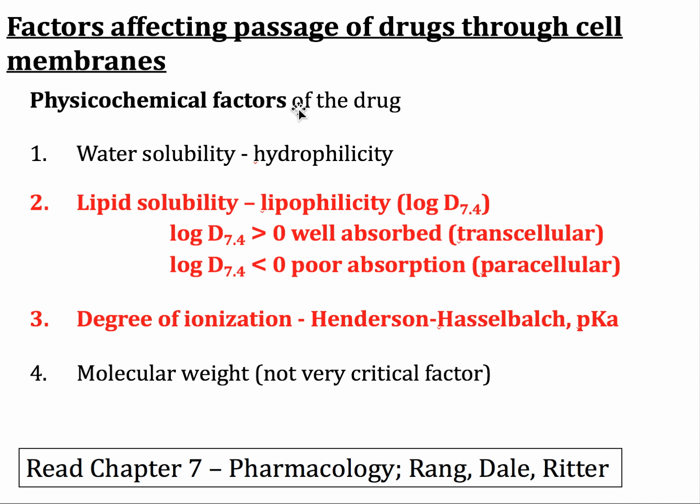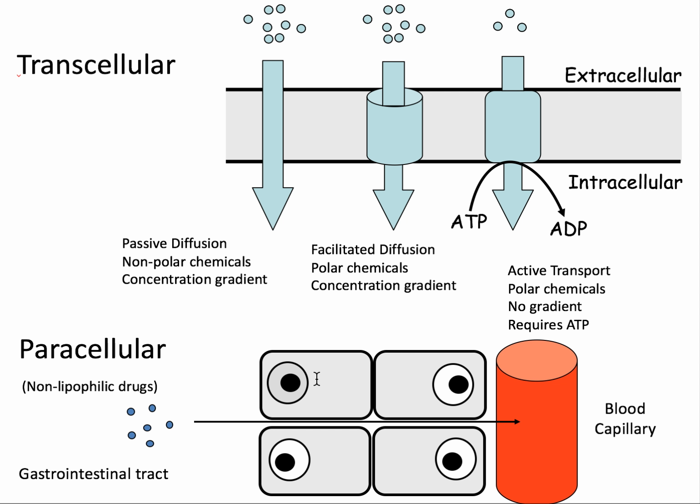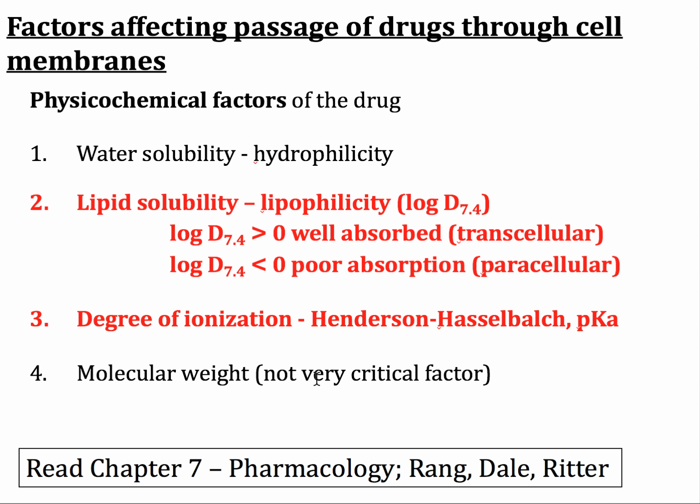So there are things like P-glycoprotein as mentioned here, which helps with active transport, but that's an efflux protein, and it affects the way the drug is absorbed into the blood capillaries.